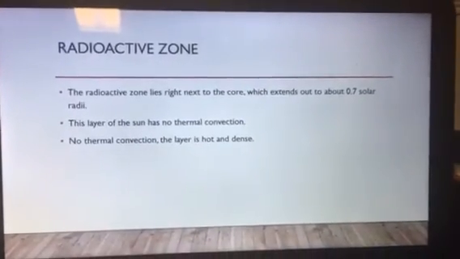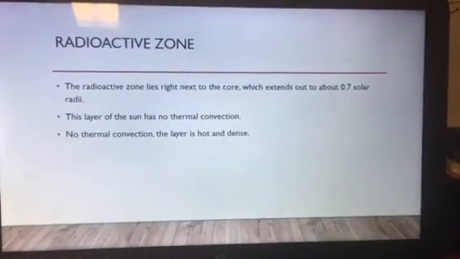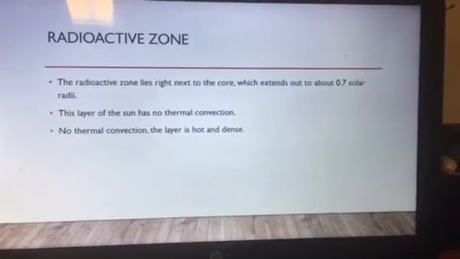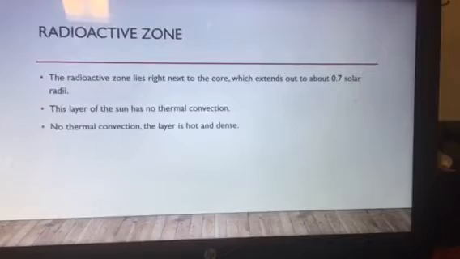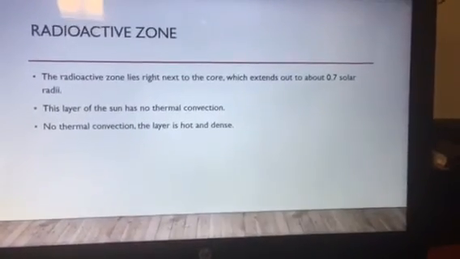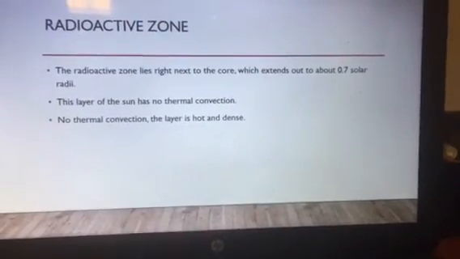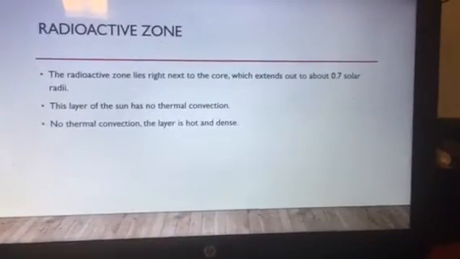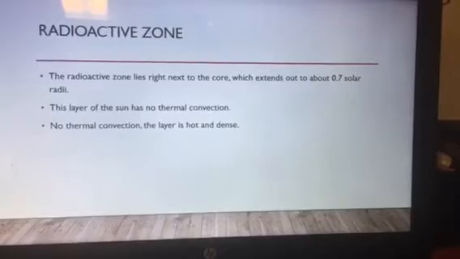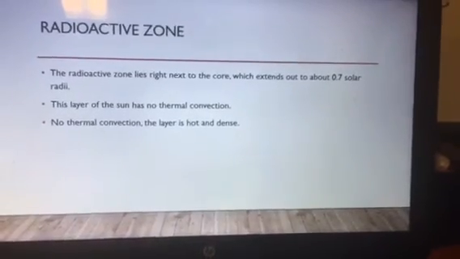Next, I have the radioactive zone. This is like, we have our heart, so now we have our veins. This is like the veins of the sun. We have the radioactive zone that lies right next to the core, which extends out to about 0.7 solar radii.